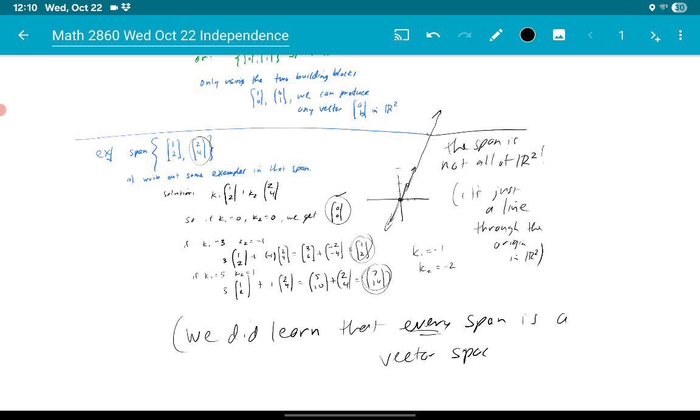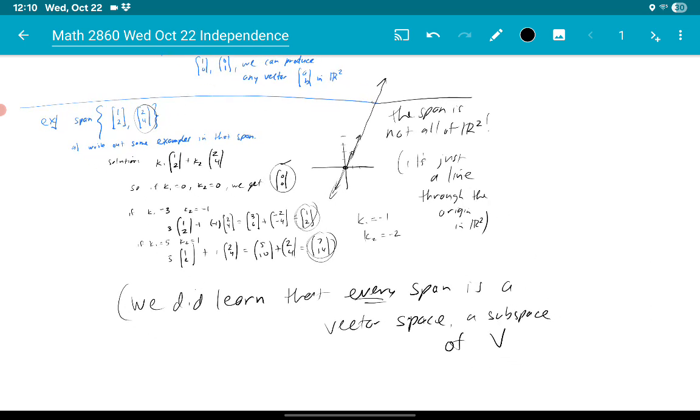It's a vector space. In fact, not only is it a vector space, it's a subspace of V, where V is whatever space the objects happen to come from. Here, V is R2, because our objects are two-dimensional vectors.